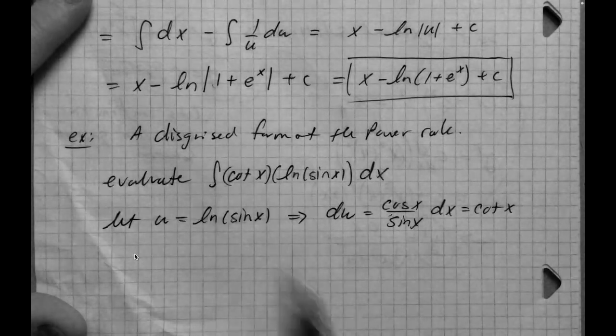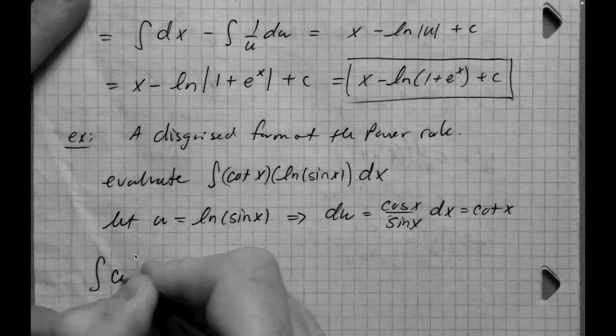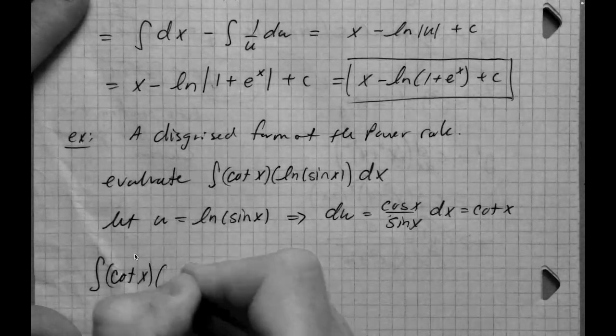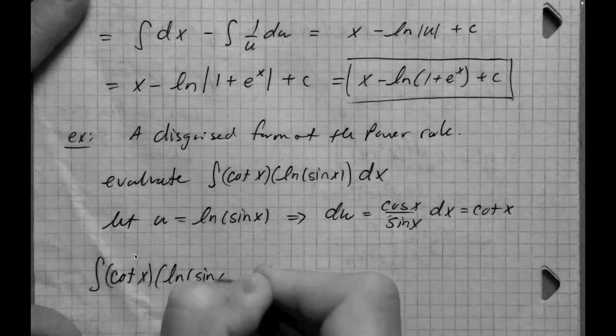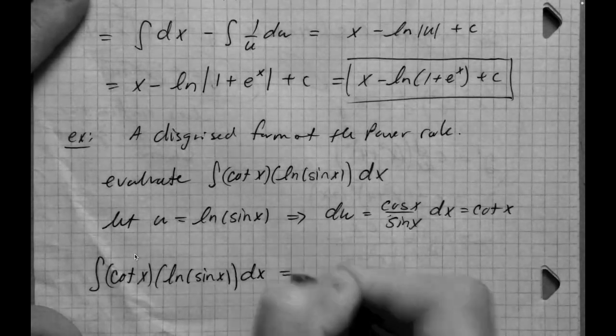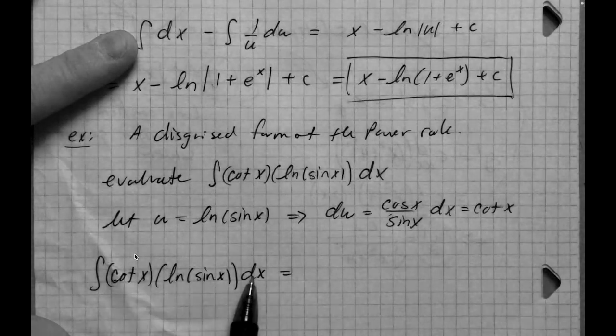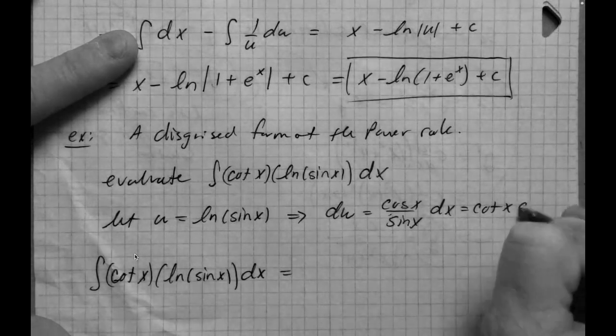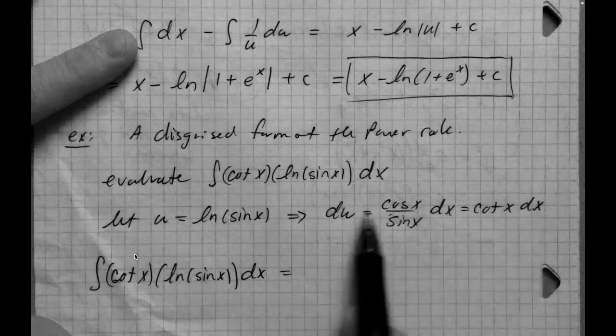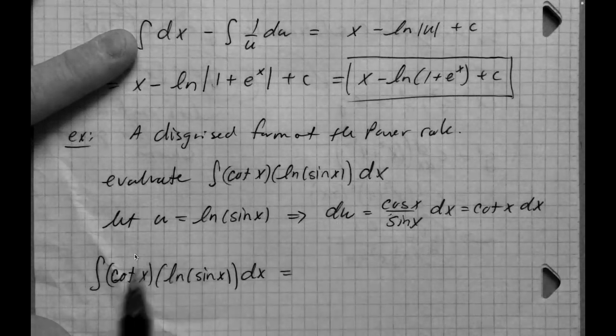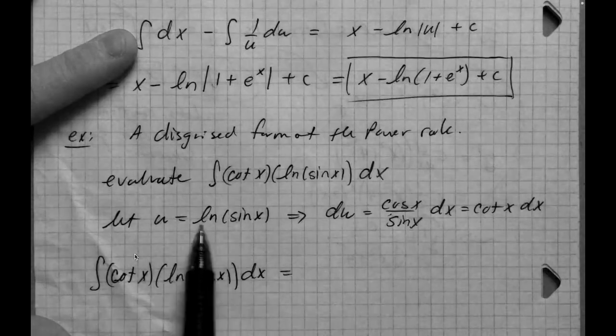Let's rewrite it here. I've got the cotangent of x times the natural log of the sine of x, and that should be cotangent x dx. So cotangent x dx is du, which takes care of that part, and u is the natural log of the sine.